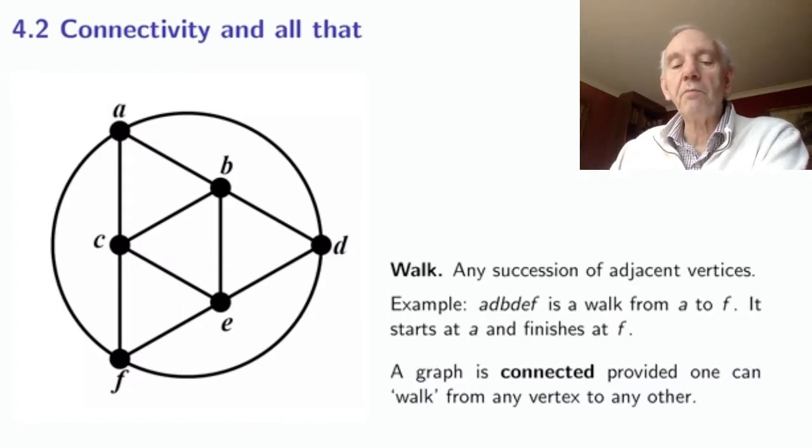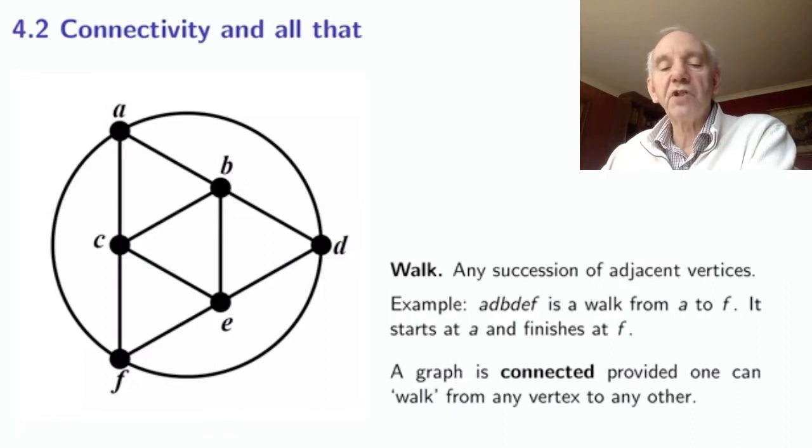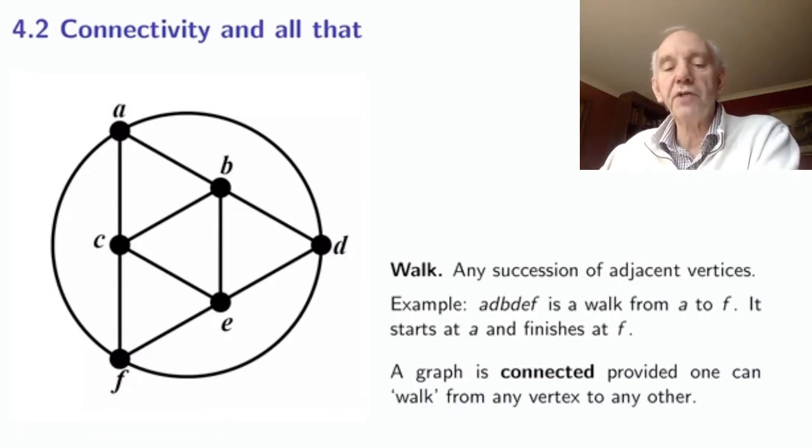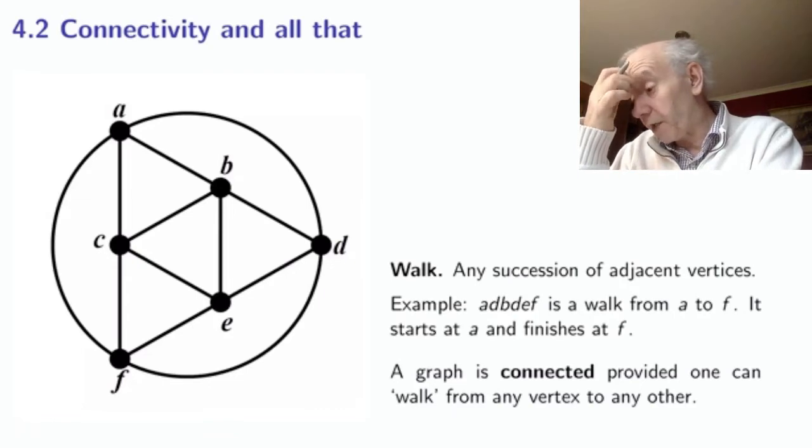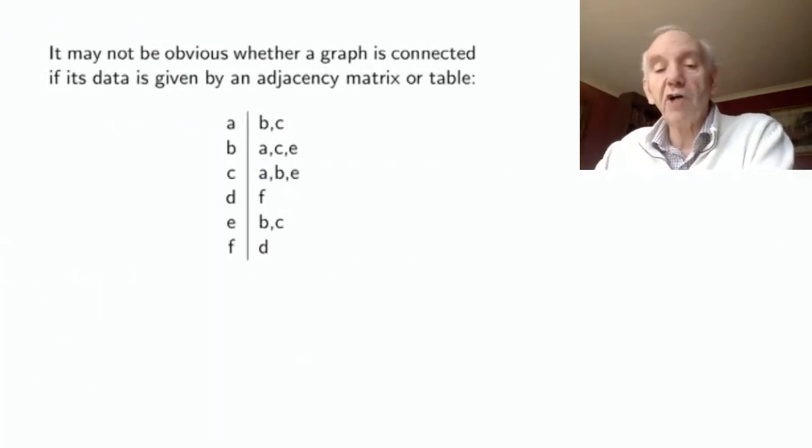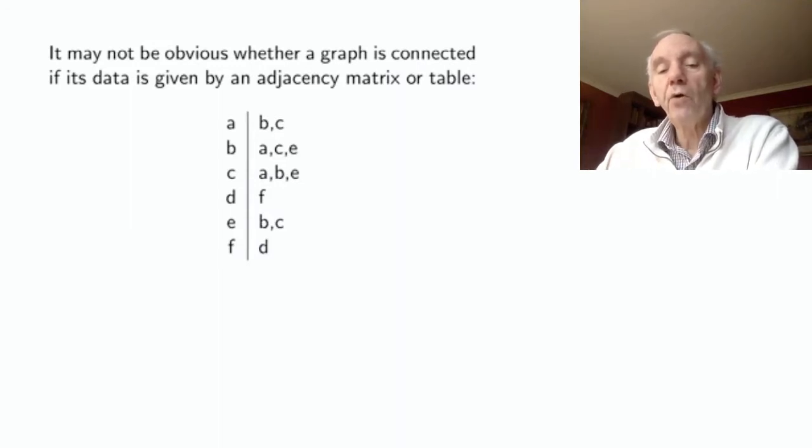Okay, but the point I want to make is that sometimes graphs are not given by pictures. If you want to load a graph on a computer, you've got to do it in a more combinatorial way, or by somehow describing the graph data. So typically this is done with either a matrix, and we'll talk about this later on, or a table. It can be done with what's called an adjacency table.